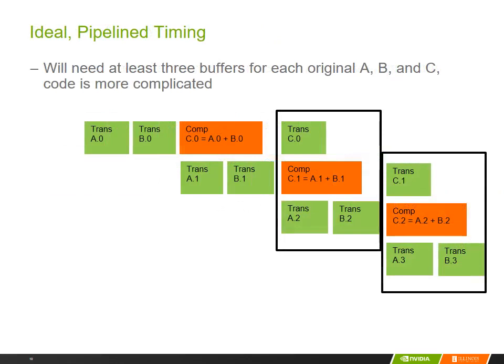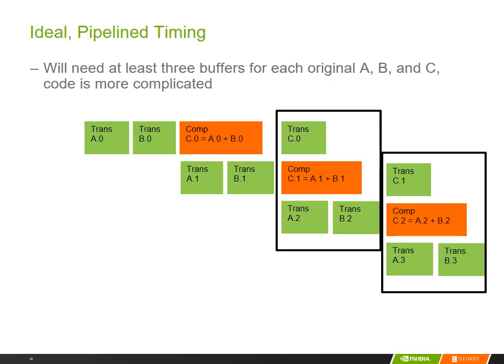In order to achieve the ideal timing, we actually need to have at least 3 buffers for each of the original A, B, and C chunks. So we need to declare 3 chunk variables, A0, A1, and A2, B0, B1, B2, and so on.